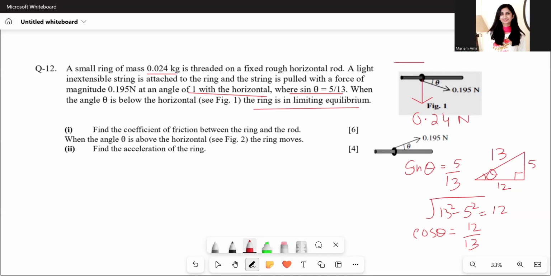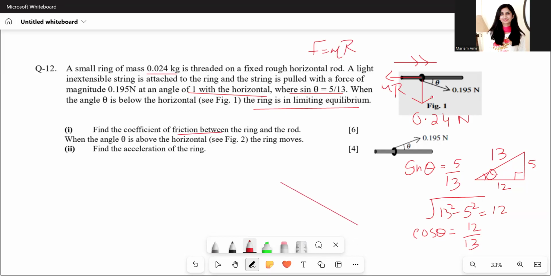Since there's a pull in this direction, friction would be in this direction, and we have to find the coefficient of friction, so we can directly use the formula F equals mu R. So I'm writing mu R here. Then there's a weight downwards.